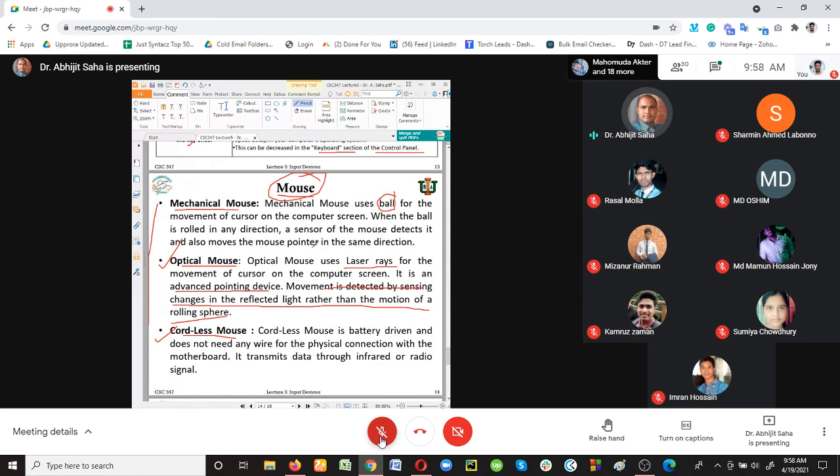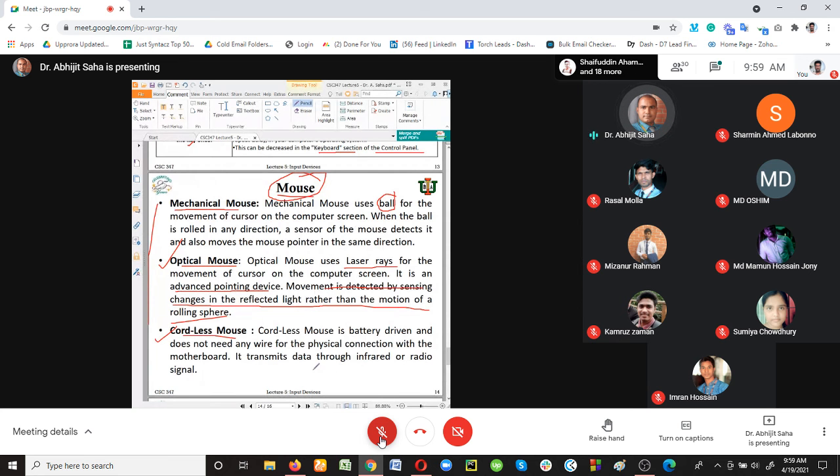So if anyone asks you what the main difference is between the mechanical mouse and the optical mouse, the mechanical mouse uses the ball technology, the ball mice, and the optical mouse uses laser rays. These are the main differences between these two types of mouse, but the working procedure of the two is quite similar.